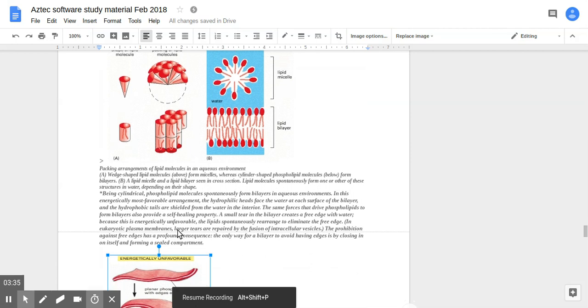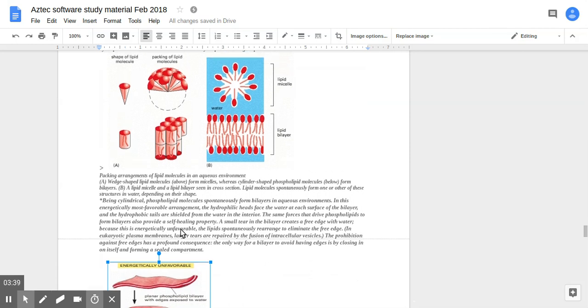Packing arrangements of lipid molecules in an aqueous solution occur spontaneously. Wedge-shaped lipid molecules form micelles, whereas cylindrical-shaped phospholipid molecules form bilayers. A lipid micelle and a lipid bilayer can be seen in such formation.